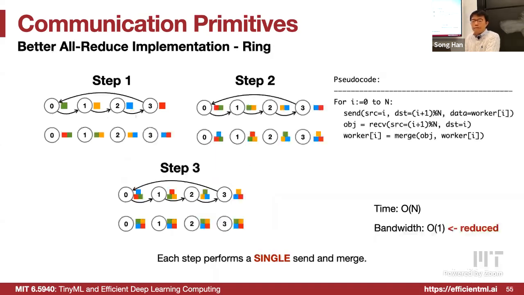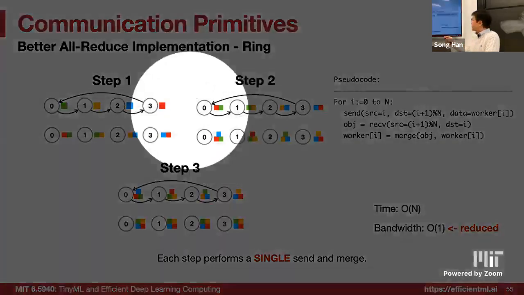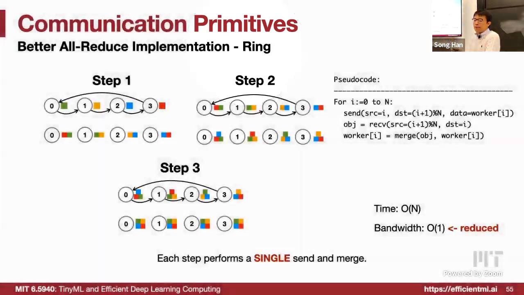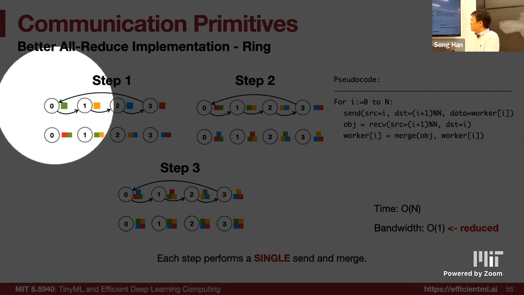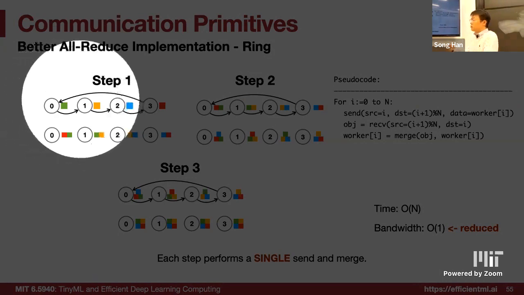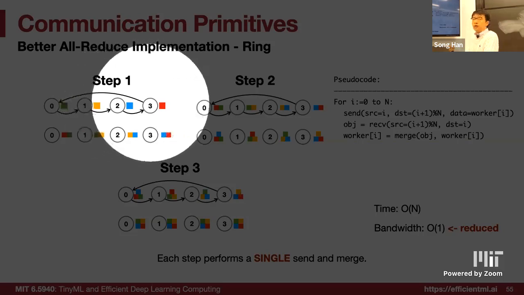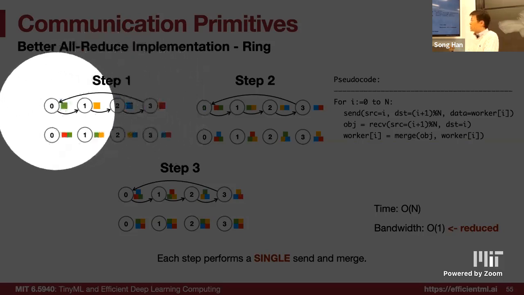So can we do better? We can do a better operation using ring all-reduce. What does that look like? So step 1, worker 0 sends the gradient to worker 1. Worker 1 sends it to worker 2. Worker 2 sends it to worker 3. Worker 3 sends it to worker 0.